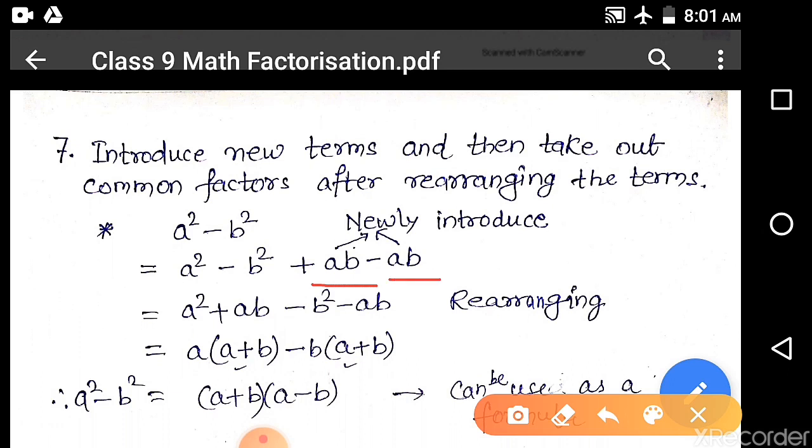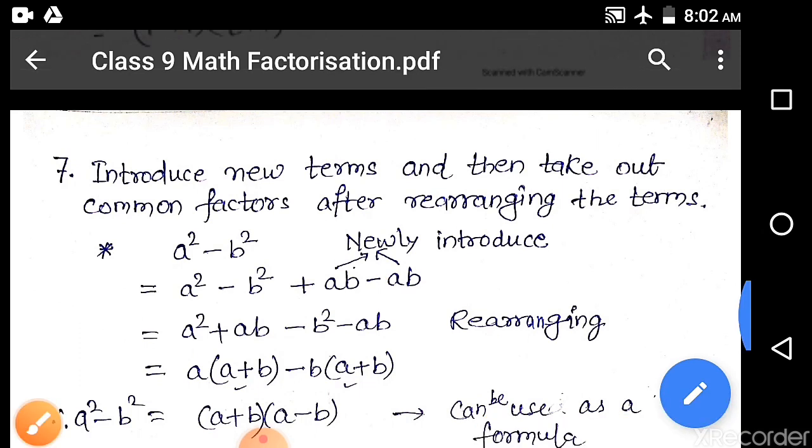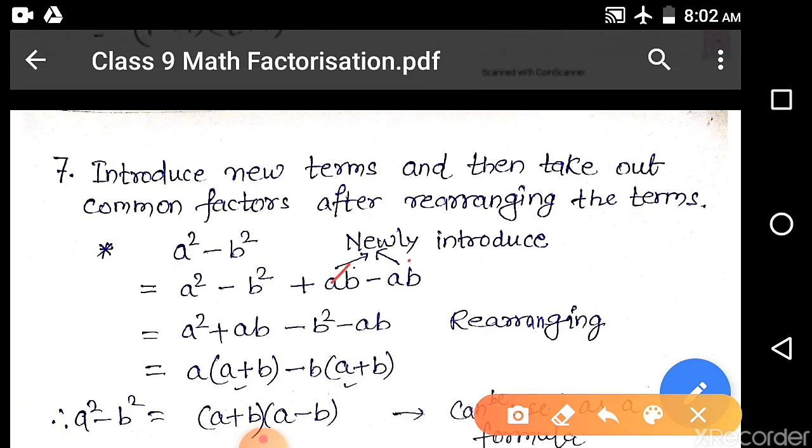Why are those introduced? Because if plus ab and minus ab are introduced, then they cancel to equal 0. Here we have a square plus b square plus 0, so for this 0 we can write plus ab and minus ab.